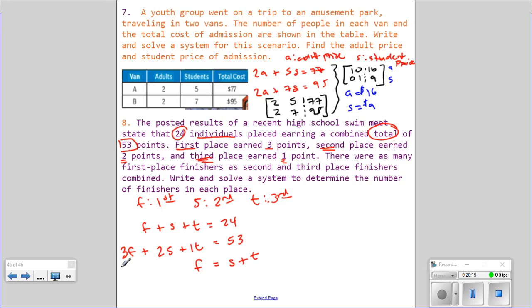Now, to solve this system, we're definitely going to use matrices, but we can't use matrices until all of our variables are on one side and they're all aligned with each other. So my first two equations have F, S, T in that order. When you look at my third equation, it's only F. So we have to move S to the left, we have to move T to the left.